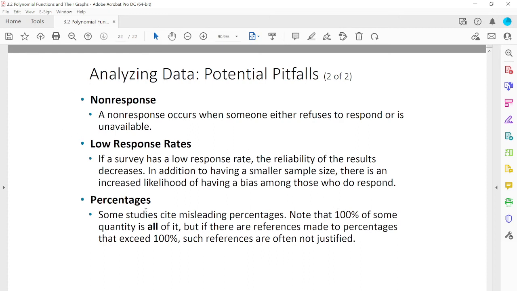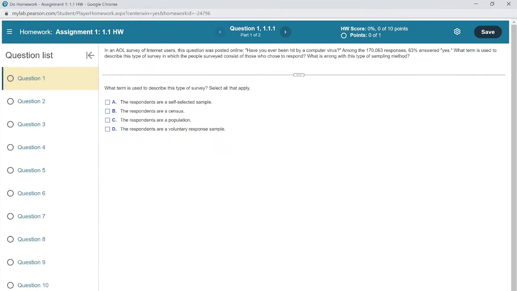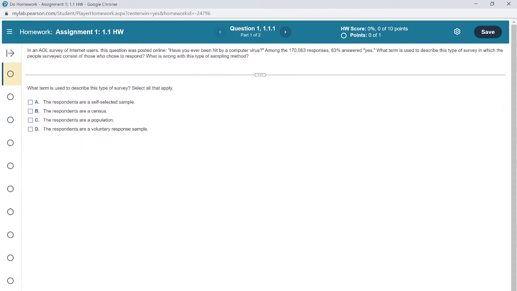Okay, now I'm going to go over some examples for this section. Let's say one example: in an AOL survey of internet users, this question was posted online: have you ever been hit by a computer virus? Among the 170,063 responses, 63% answered yes.